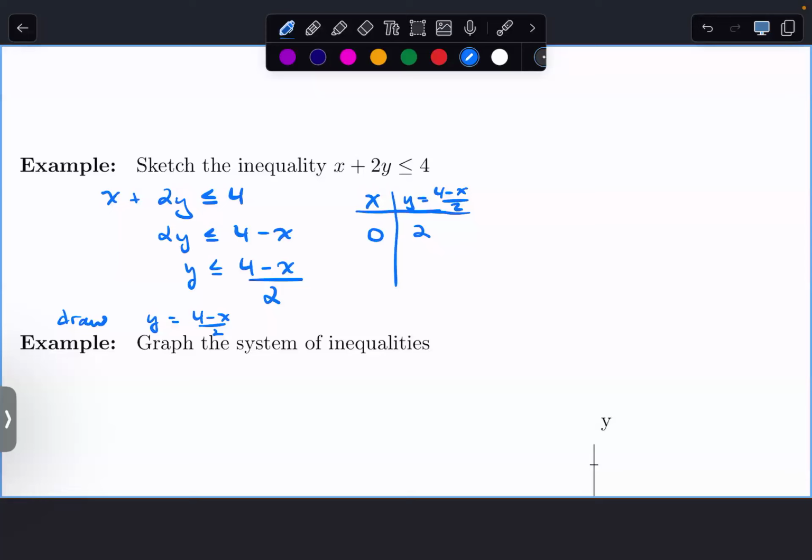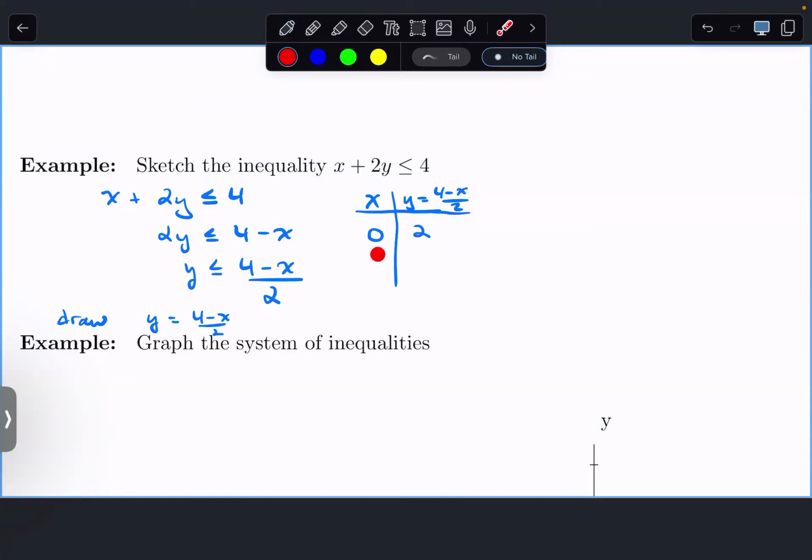And then you could even kind of scope out your equation and figure out a convenient value of x. A convenient value of x here is 4, right? Then I get 4 minus 4 divided by 2, but 4 minus 4 is 0, divided by 2 is 0.